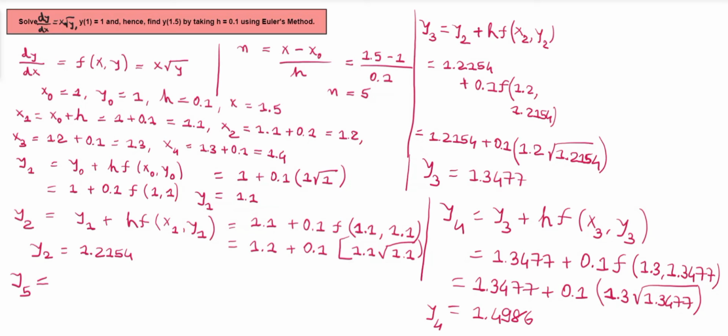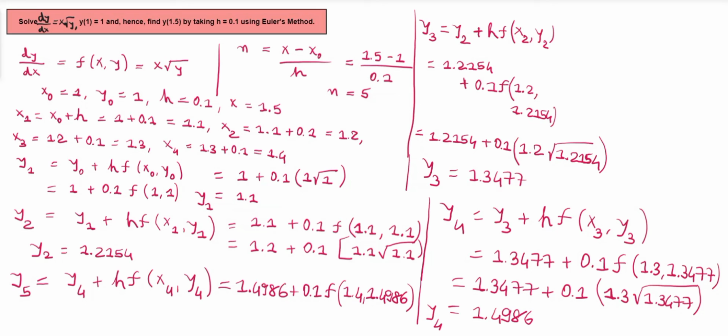From this we'll find our y5. y5 will give us y(1.5). y5 is equal to y4 plus h f(x4, y4), which is 1.4986 plus 0.1 into f(1.4, 1.4986). f(x, y) is equal to x root y, so we'll place it: 0.1 into 1.4 root 1.4986.